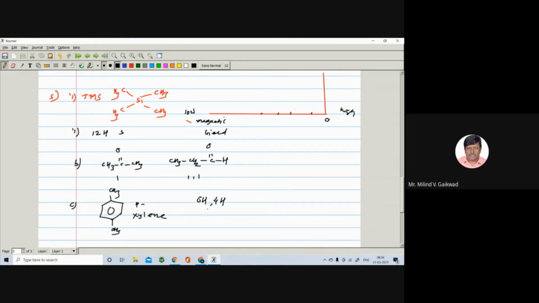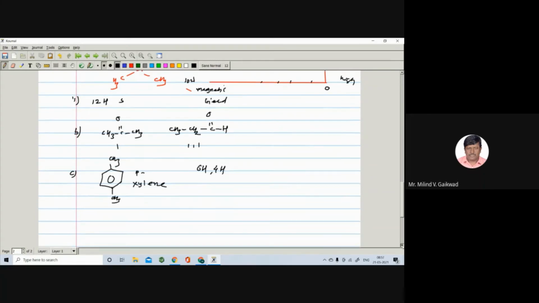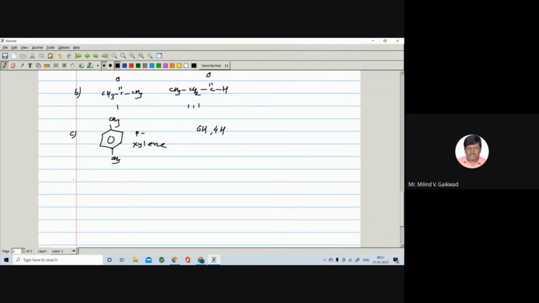Then the spectrum of ethanol: the signal of CH3 group splits into a triplet having the relative area 1:2:1. They have given this, so they may ask it in the objective.